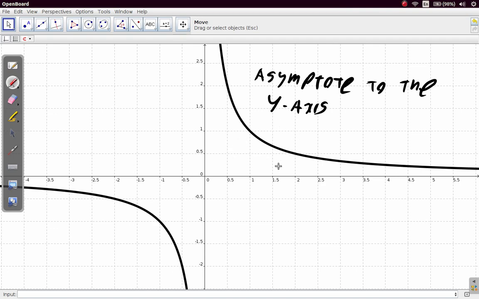Now, the curve also gets closer and closer to the x-axis but never touches, never crosses it. So it is also an asymptote to the x-axis. Alright? So remember, this is a graph of y is equal to x to the negative 1. Alright? So that's what we have.